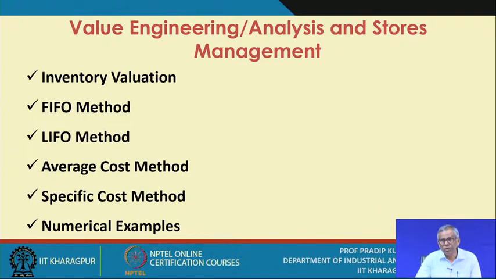But the key question is why valuation of inventory is a critical issue. If you remember, the inventory management system is assessed with respect to several performance measures, and you need to do this assessment at any point in time.